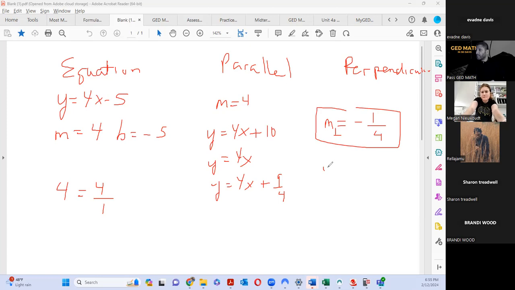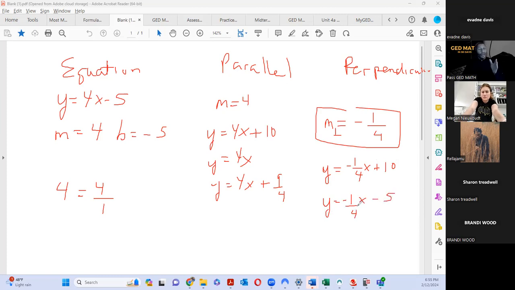All equations must start with what? Y equals. Y equals -1/4 x plus anything, 10. It could be anything. Y equals -1/4 x minus 5.